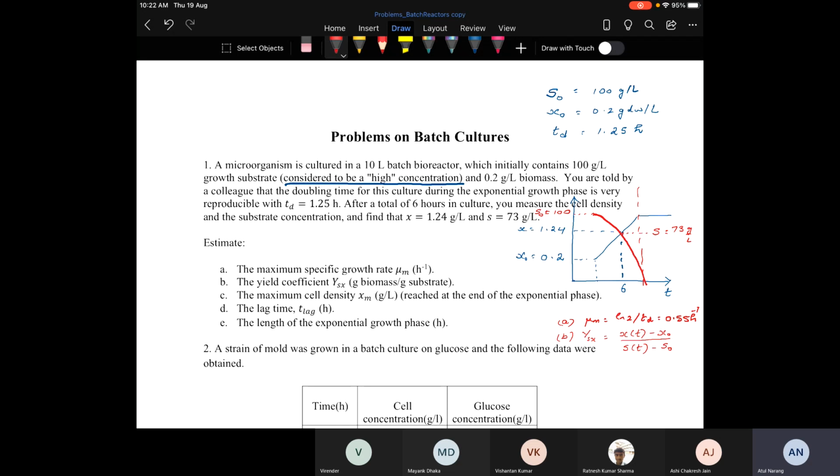Has anyone calculated that? Can someone give me that number?